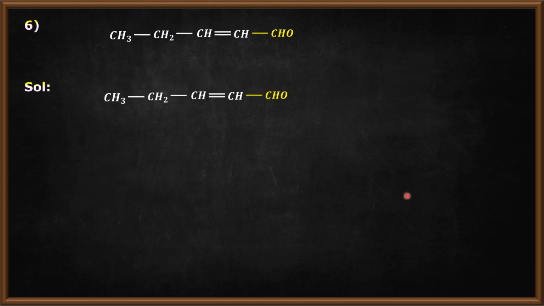Next, problem number 6, solution. In this organic compound also there is a chain terminating functional group, CHO, and at that time the carbon atom in that functional group should be assigned number 1.